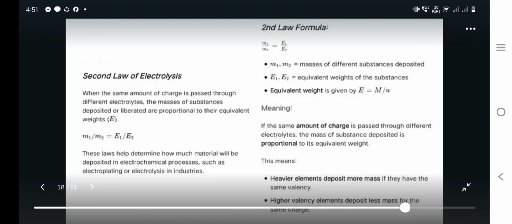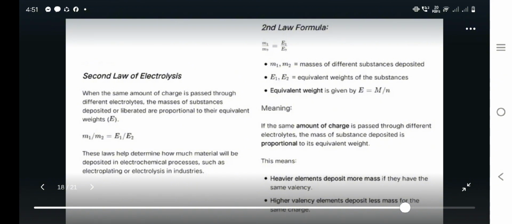So the second law formula is M1 over M2 equals E1 over E2. So M1 and M2 are the masses of different substances deposited, and E1 and E2 are the equivalent weights of the substances.